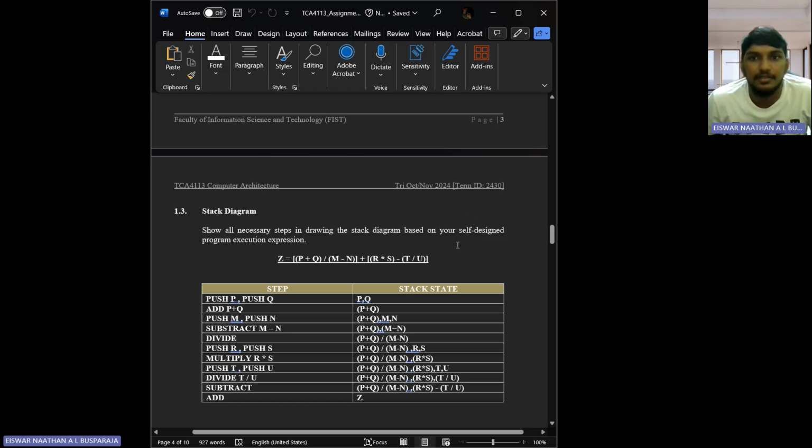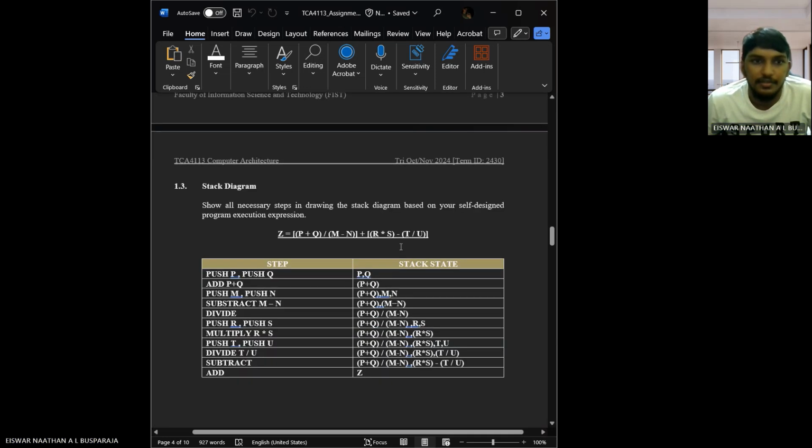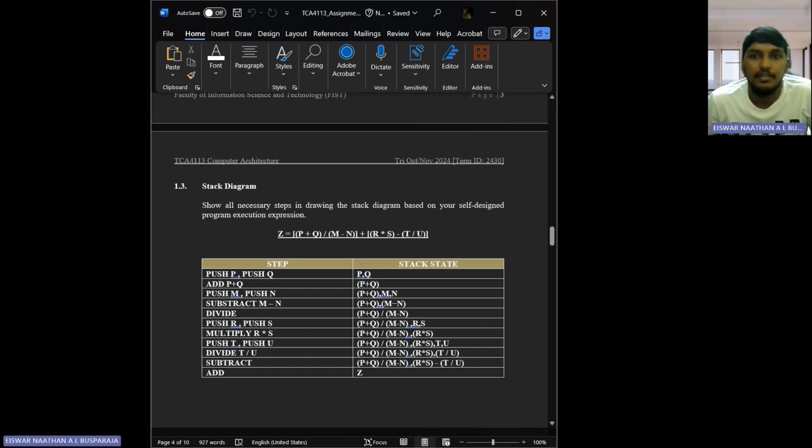Here is how the stack evolves: push P, then push Q. The stack now has P and Q. Add the top two values, P plus Q, and replace them with P plus Q. Push M and N, the stack becomes P plus Q, and M and then N. Subtract M minus N, that means P plus Q, M minus N.